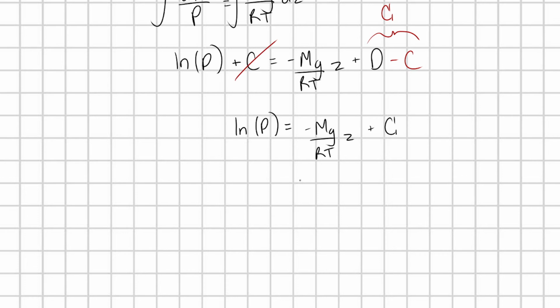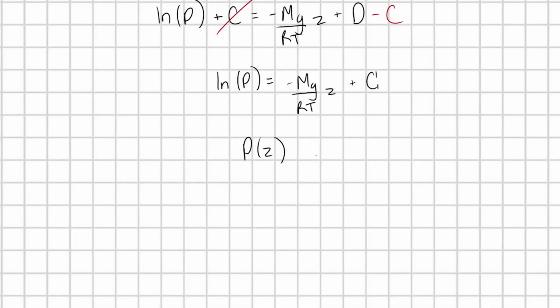Of course, we can do this by taking e and raising each side of the equation to that power. So e to the ln of p is just going to give me p. And again, I'll note that this is now a function of z, as we can very clearly see. And this is going to be equal to e to the minus mg over rt z plus c.